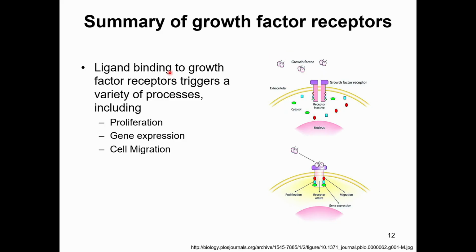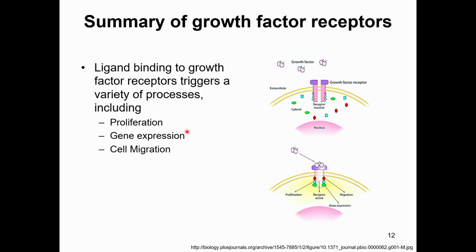So ligand binding to the growth factor receptors triggers several responses. When the ligand binds these receptors, ultimately what's going to happen is that it's going to activate cell proliferation, and that means cells will divide. You'll get more of them, right? So if you think about the biological process of growth, it usually means making more cells, okay?